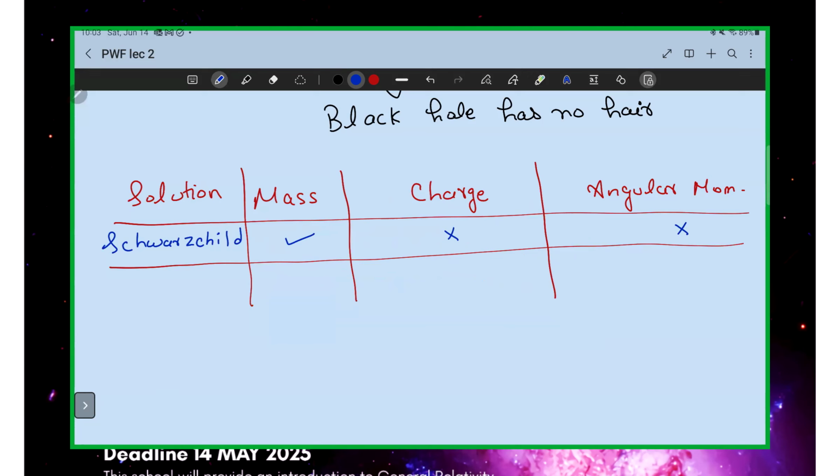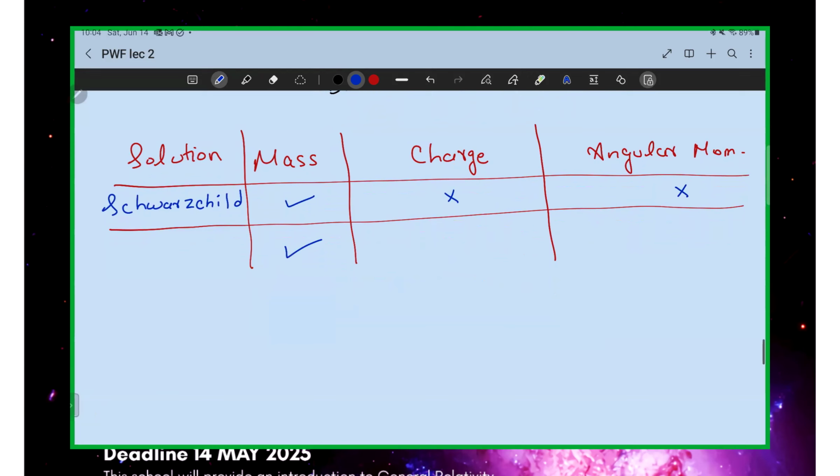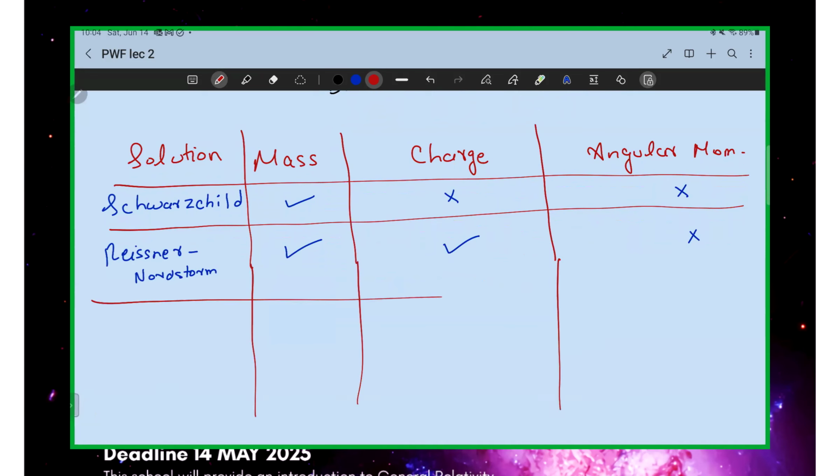So as I was saying, if you only have mass but no charge and no angular momentum, then it's called the Schwarzschild solution. You're always going to have mass, right? But what if you have electrical charge but no angular momentum? Well, this particular solution is called the Reissner-Nordström solution.